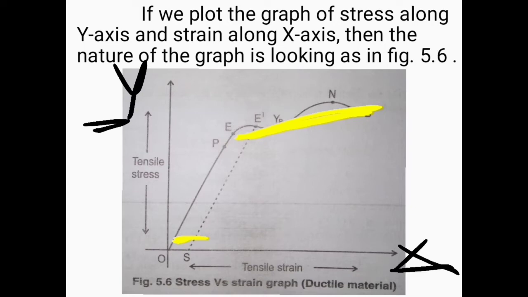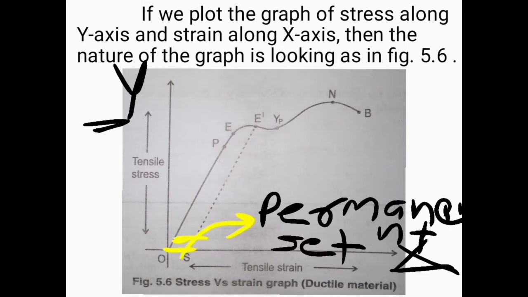The wire doesn't regain its original or natural position, so it will have a permanent increase in length, that is shown by the dashed line. We have denoted it with a dashed line, that is OS, which we can call the permanent set. So we get point number 3, that is called the permanent set region or permanent point. This region OS is called a permanent point. So the region between points O and S is called the permanent set.